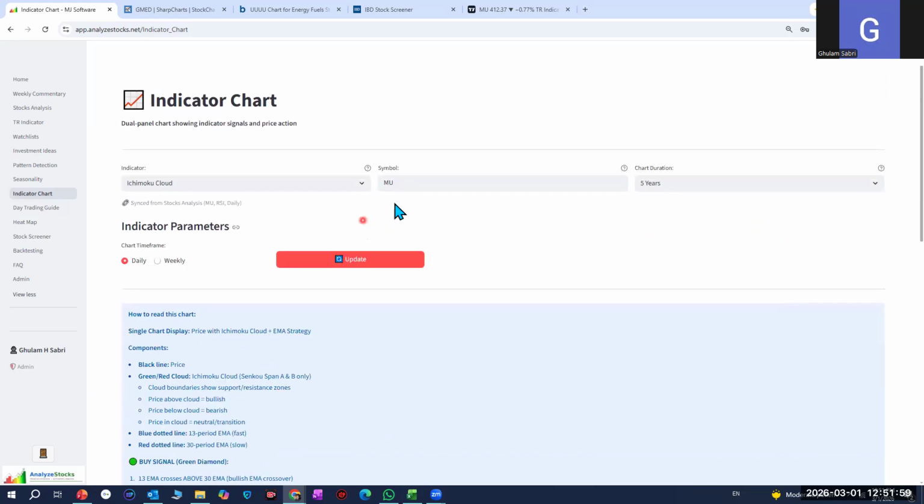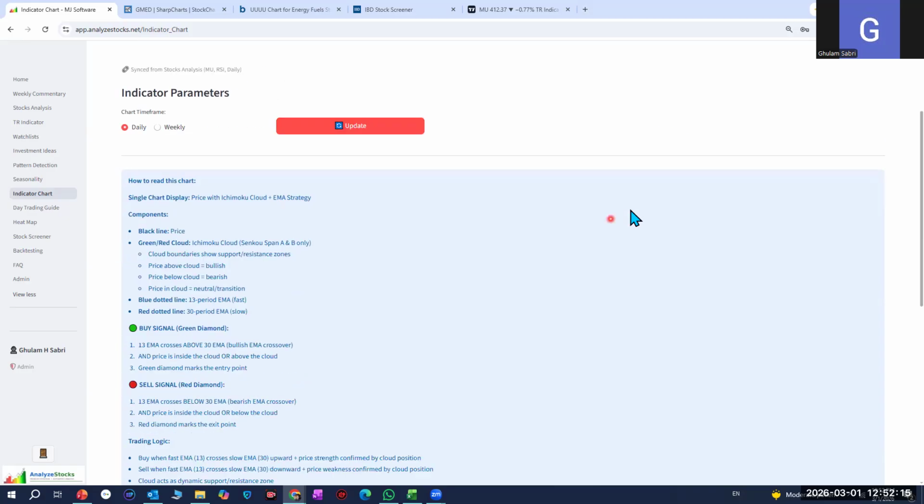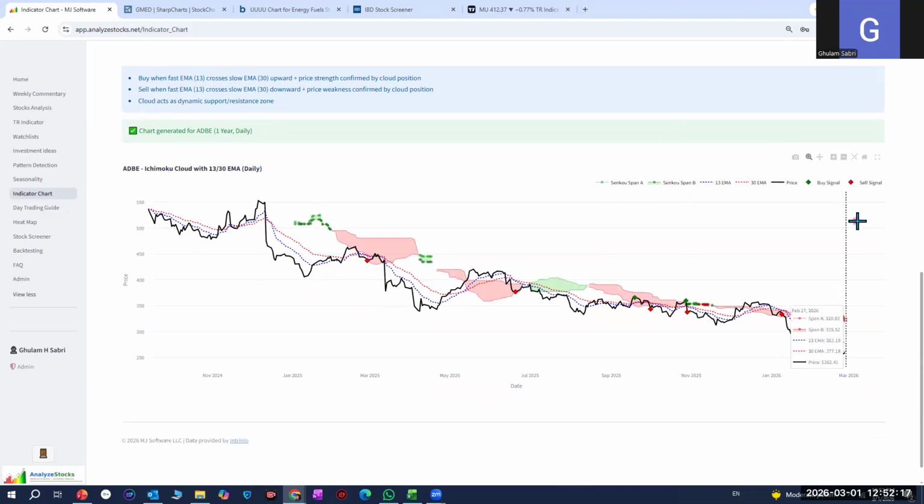On the flip side, you take something like Adobe, a weak stock, maybe 1 year. Update this, and you see there are hardly any green diamonds above this green cloud.